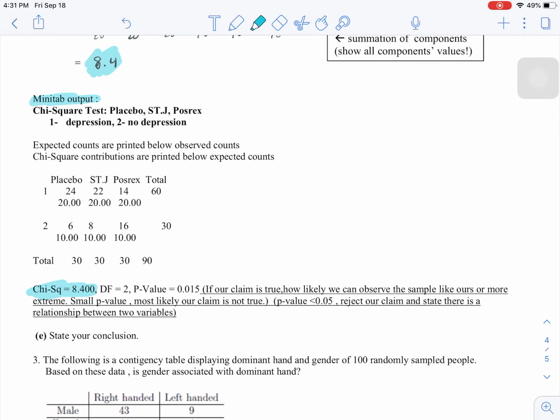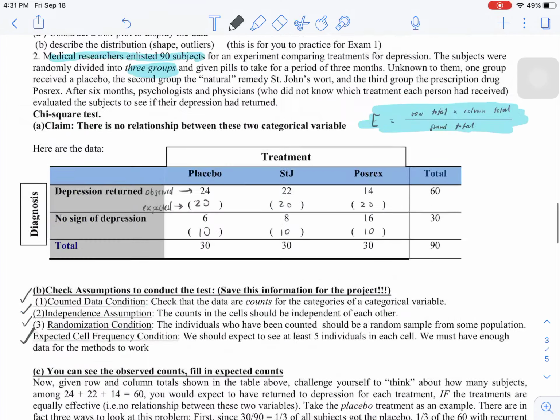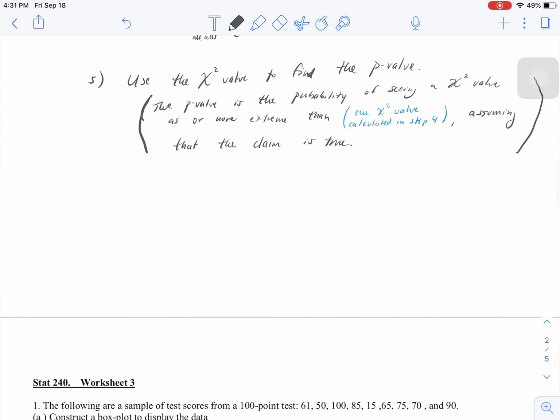And just like on any other written assignment, we'll give you the p-value if you don't have access to Minitab. So Minitab has told us that for a chi-squared value of 8.4, the associated p-value is 0.015. So we found our p-value, and this is what we will use to make our conclusion.